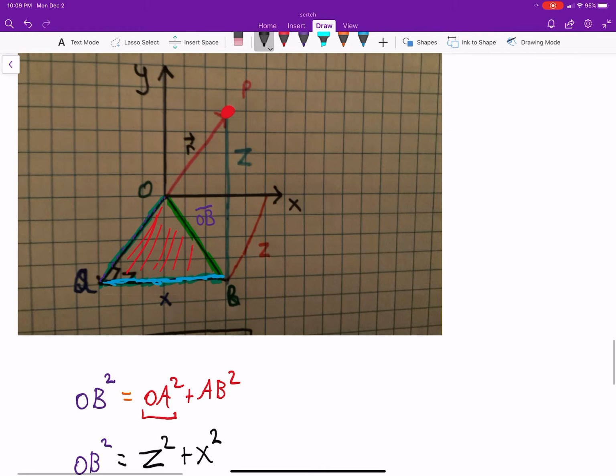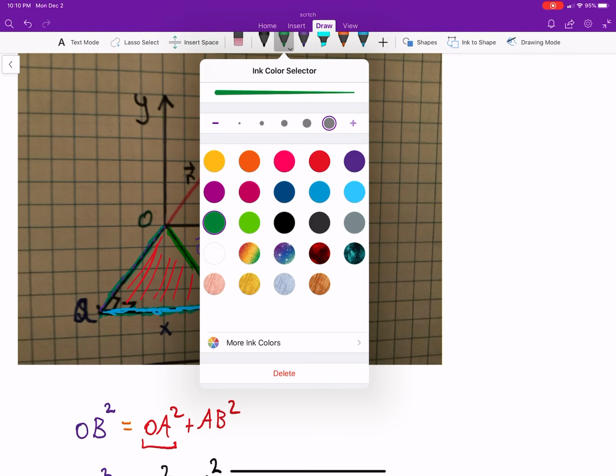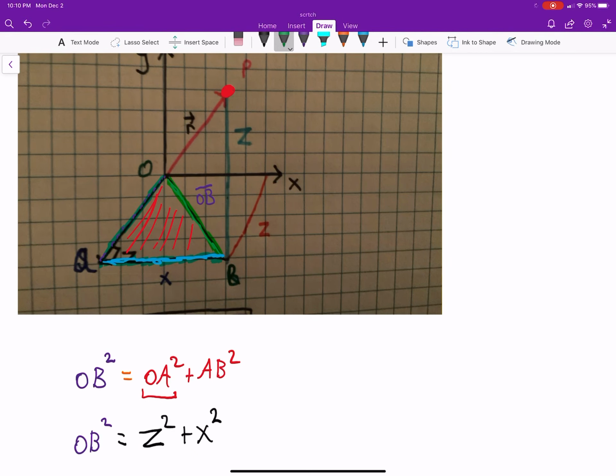Just to summarize, we drew this picture from the origin to some point. And then I drew another vector that's a projection of r, down on here. Then we looked at this as a two-dimensional triangle, and we came up with this equation, OB squared equals OA squared plus AB squared.